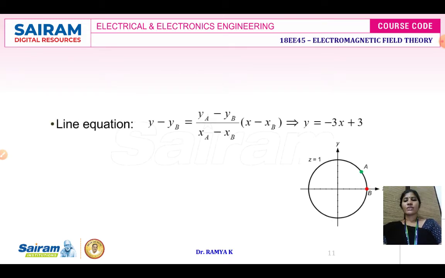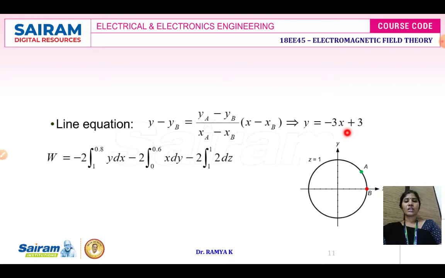Next, by using a line segment equation, we know that (y - y2)/(x - x2) = (y1 - y2)/(x1 - x2). When you write the line segment equation, this is your straight line equation. When you write it, you will get y = 3x + 3. The same problem we are solving using a straight line segment. Therefore W is the integral with respect to x, y and z.